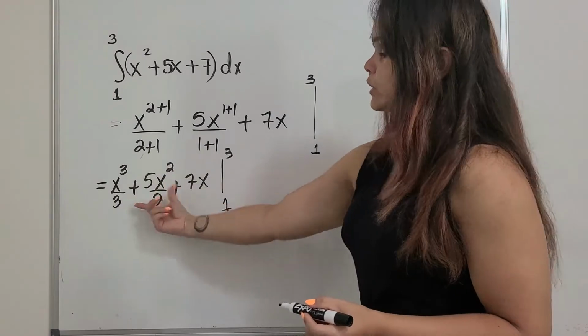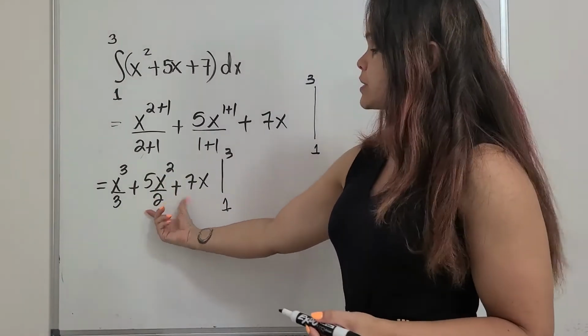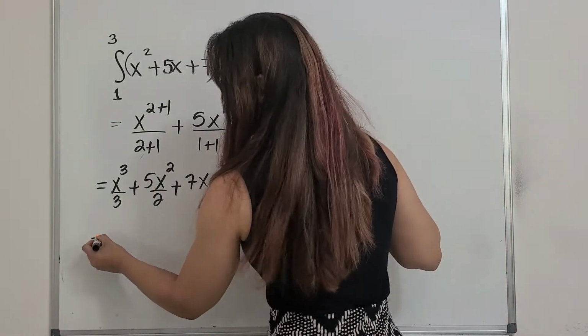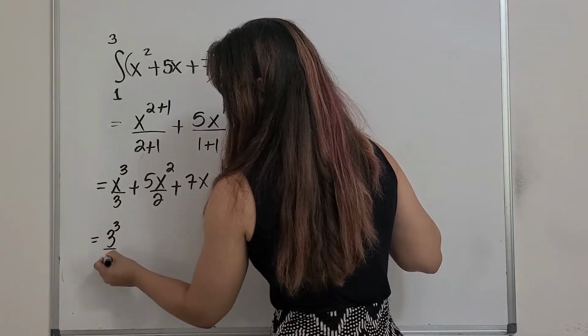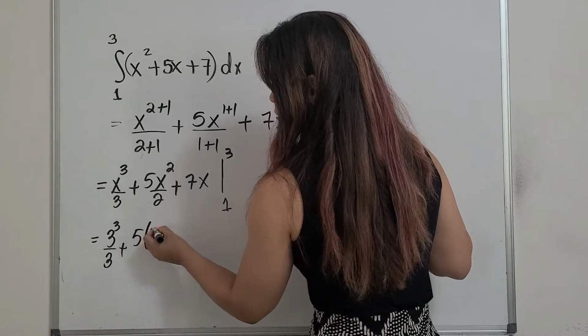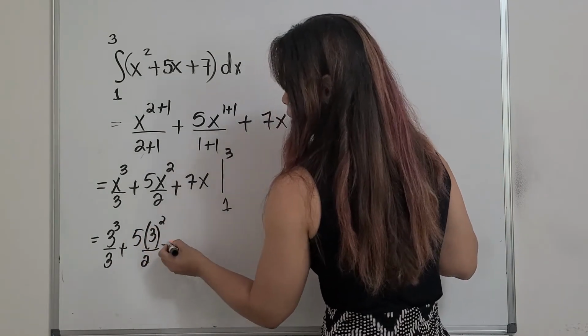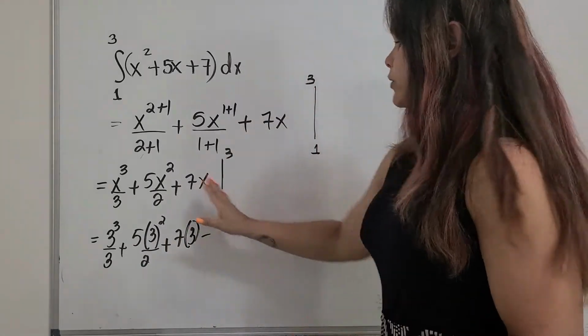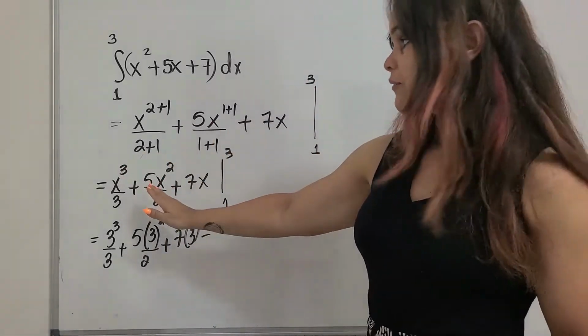Okay, so I'm going to evaluate here 3. That means that every time I see an x, I'm going to replace it by 3. So this is going to be 3 to the power 3 over 3 plus 5 times 3 squared over 2 plus 7 times 3, and then I'm going to subtract what the expression gives me when I evaluate 1.